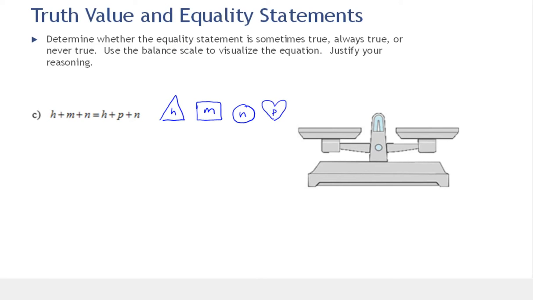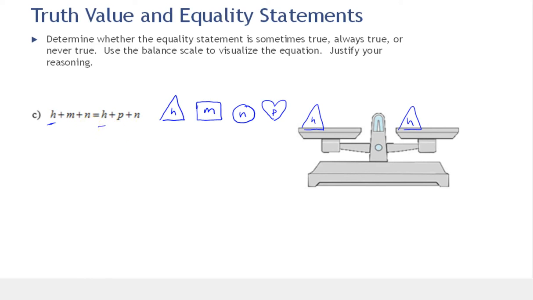Now let's keep the scale balanced. First we have an H on both sides. If I put an H on both sides of the scale, it is currently balanced. The left-hand side has an M, but the right-hand side has a P, so I'm going to skip that for a minute.